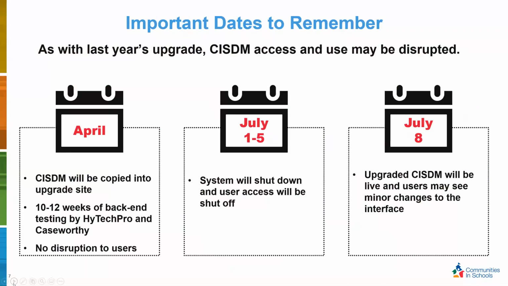So we believe that all of the testing will be complete by the time we essentially go live again at the beginning of July, so that you should not see any difference in what was the case before the system went down.